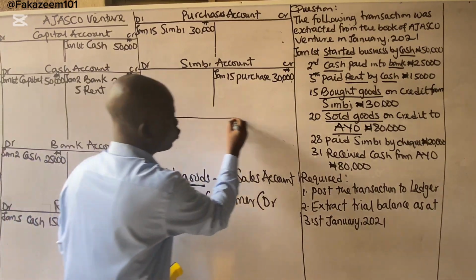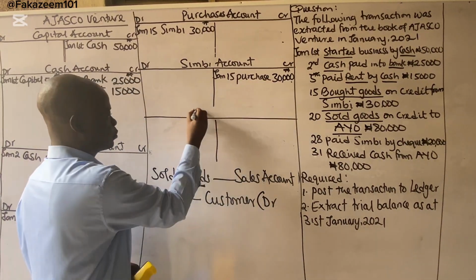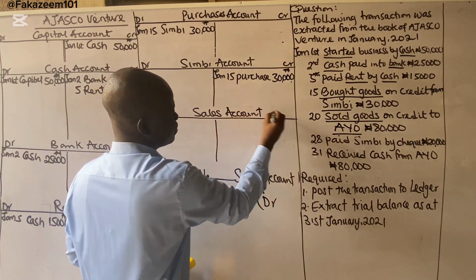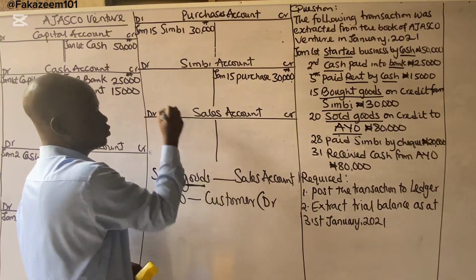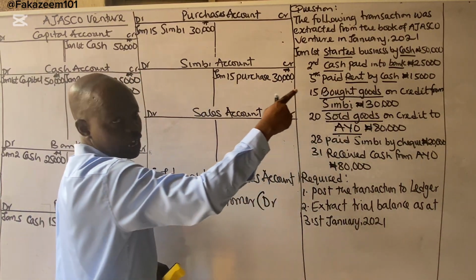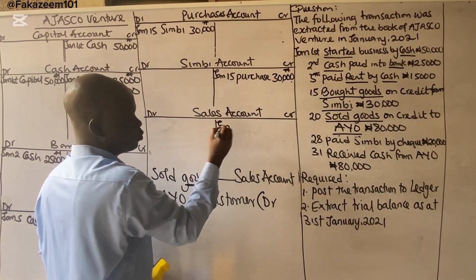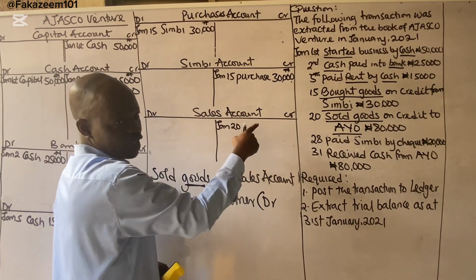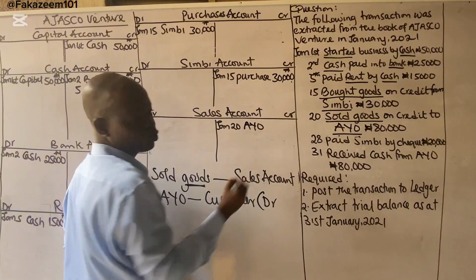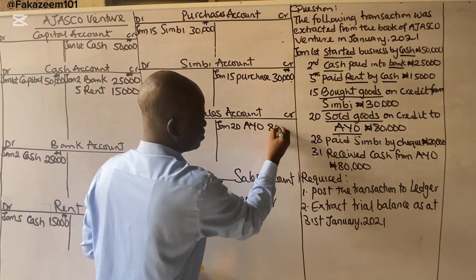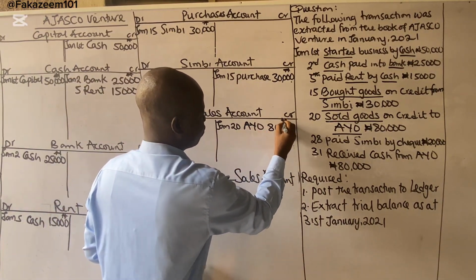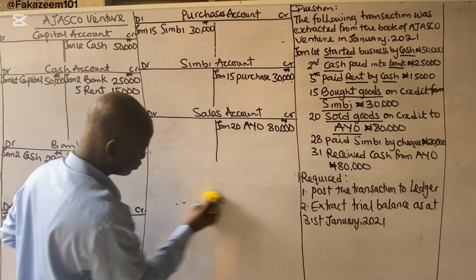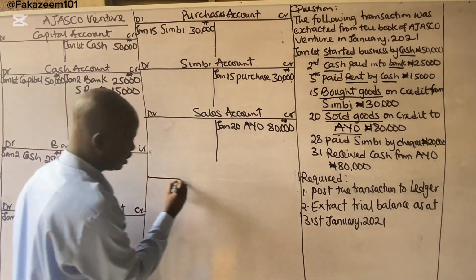In that case, we open sales account. The sales account represents the goods that the business is giving out. And we say once you are giving out, your account should be credited. Now, on January 20, goods is going out to Ayo. That is 80,000 naira. For every credit entry, there must be a corresponding debit entry.